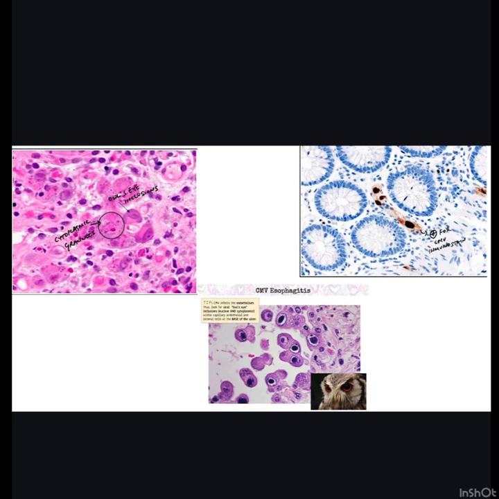So as discussed before, these are the important histopathological features very characteristic for CMV infection. As you can see, these are the owl's eye inclusions, and these are the red intracytoplasmic granules. Now CMV has an IHC which is called CMV immunostain. As you can see here, there are certain cells which have CMV infected nuclei that show positivity for the CMV immunostain.